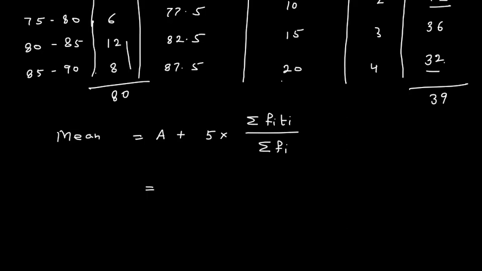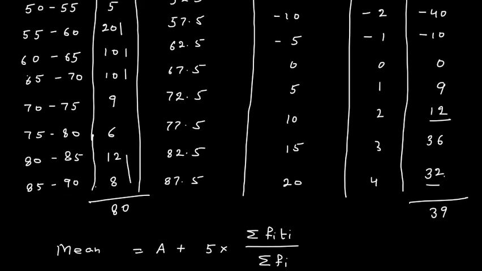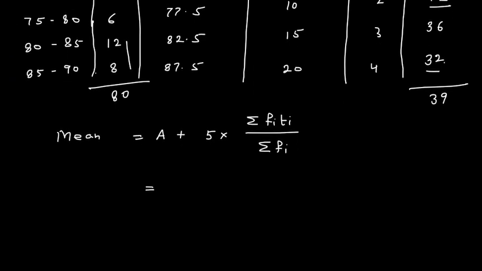So the value of a we assumed is 67.5. This is our assumed mean. You can write here, this is your a value. So 67.5 plus 5 into 39 divided by 80.